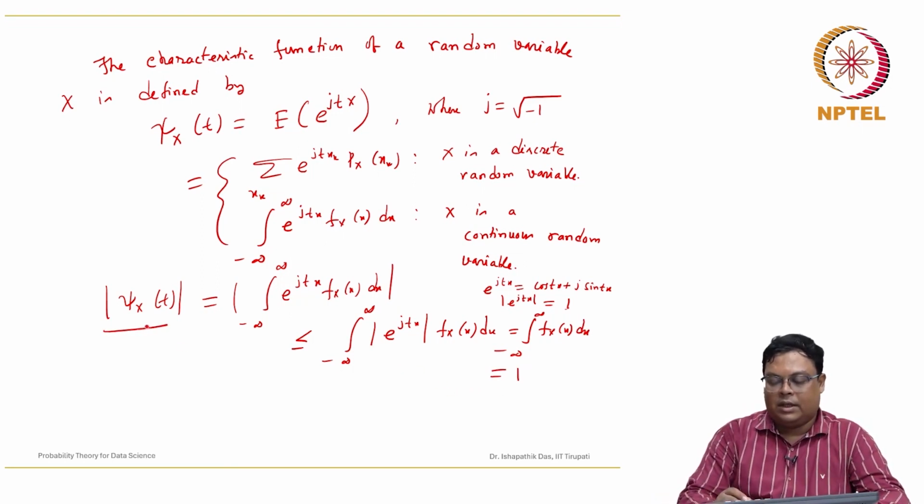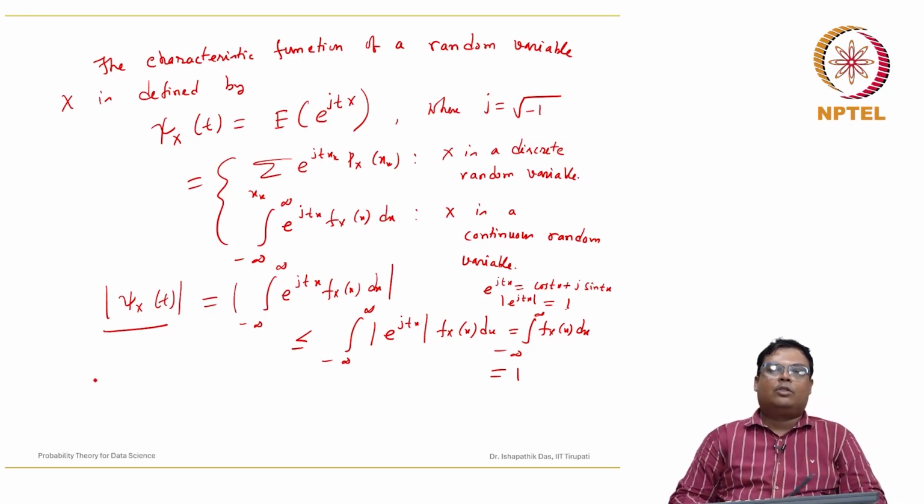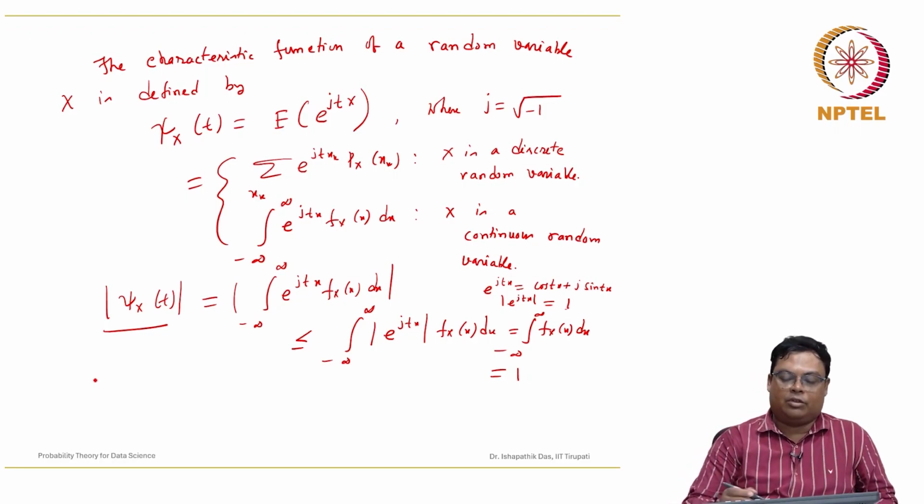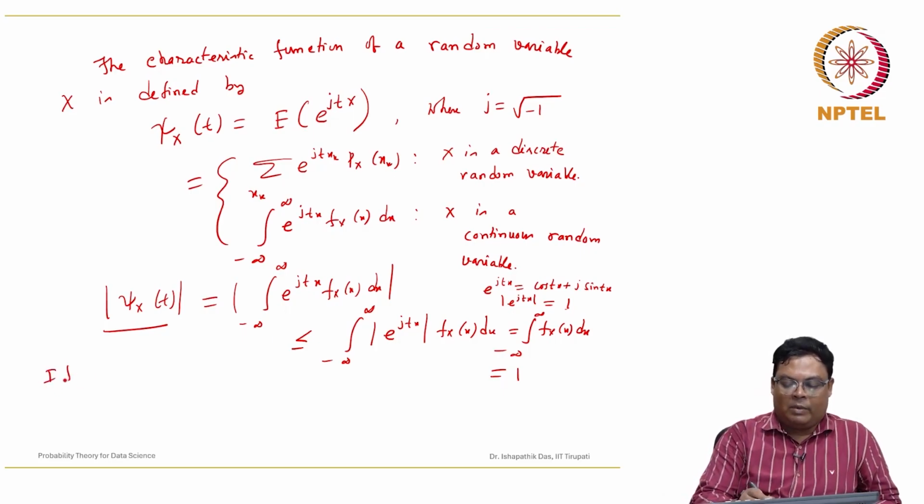That means it is always convergent; it will not be infinite, it will be some finite value, so it always exists. The other properties are very similar. Also, whenever the moment generating function exists, if you replace t by jt, then you will find the characteristic function. For example, if X is normal, instead of N(0,1), consider the more general case N(mu, sigma square).